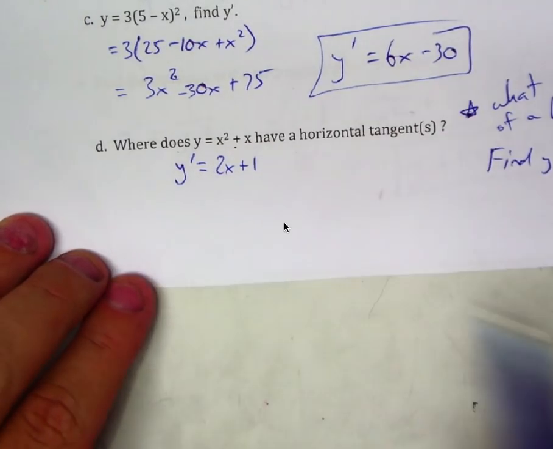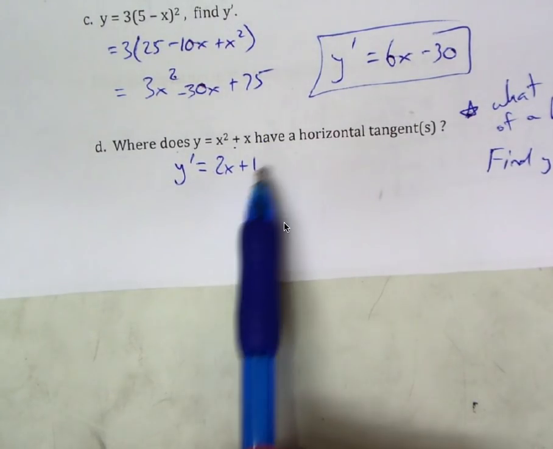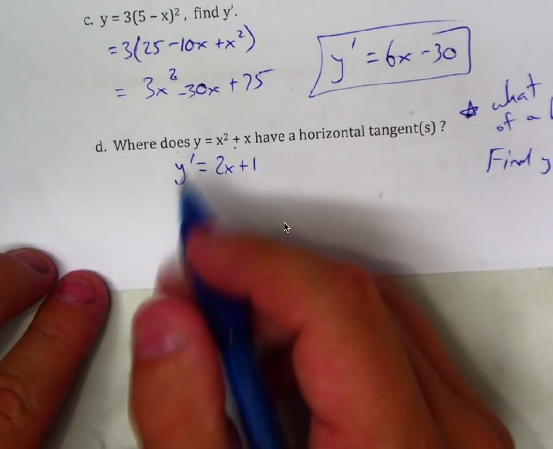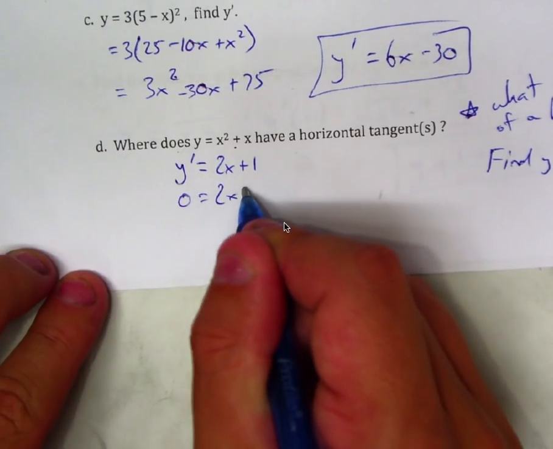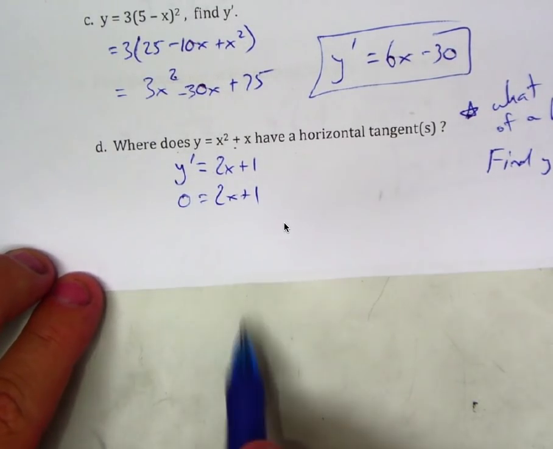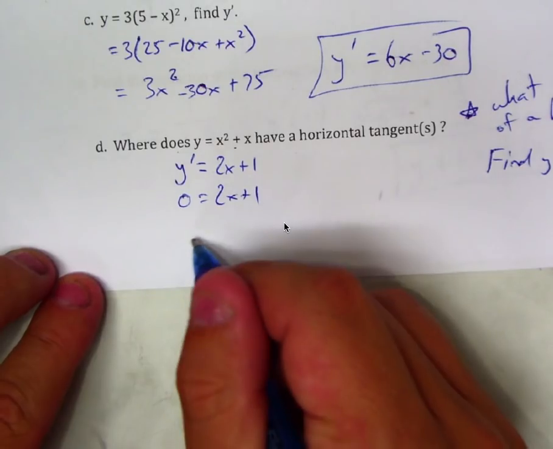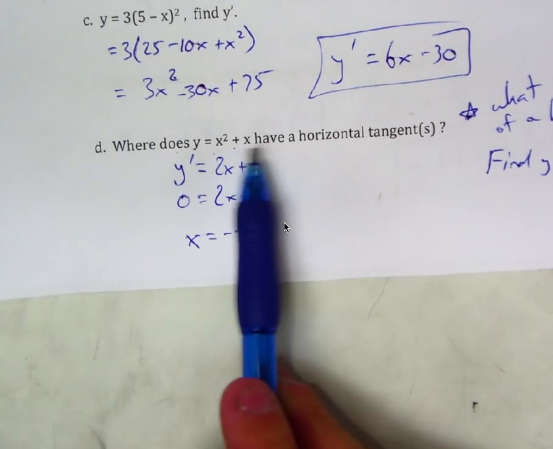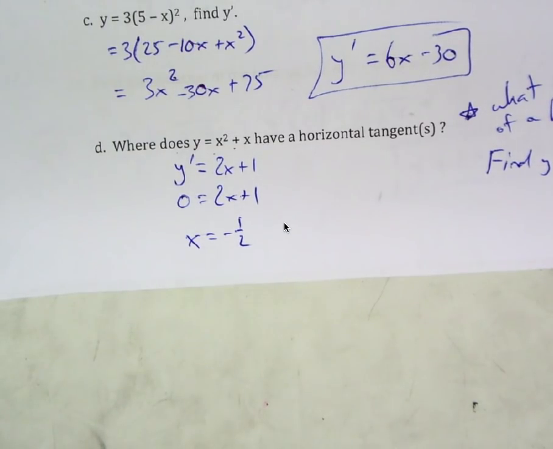There's a 1 in front of the x. And we're trying to figure out where does this equal 0. So put 0 in for the slope and solve. Subtract 1, divide by 2. So x equals negative 1/2. This is where this function has a horizontal tangent, right there, at x equals negative 1/2.